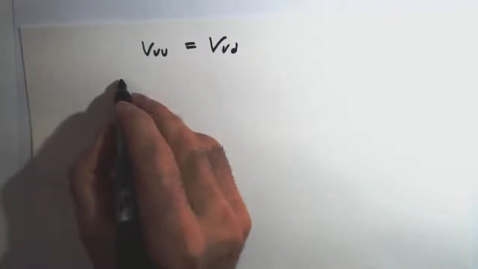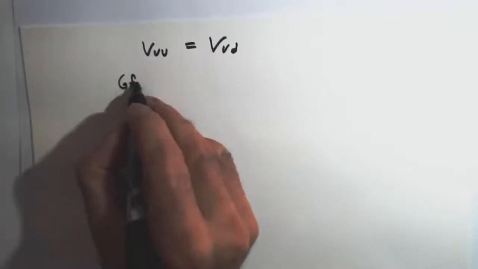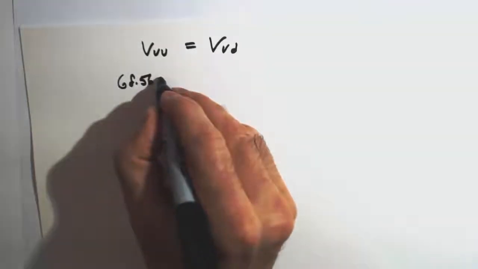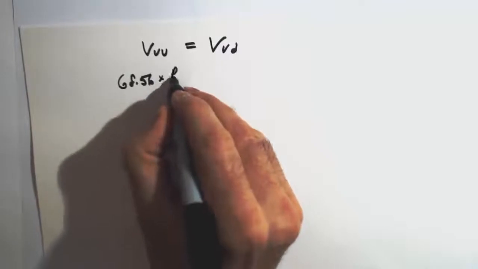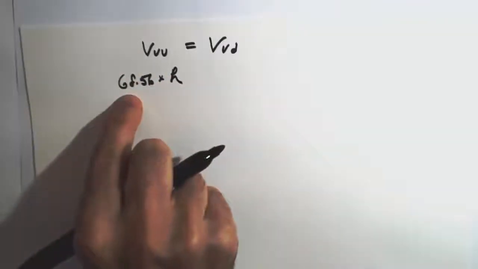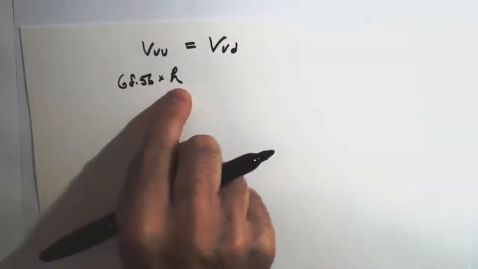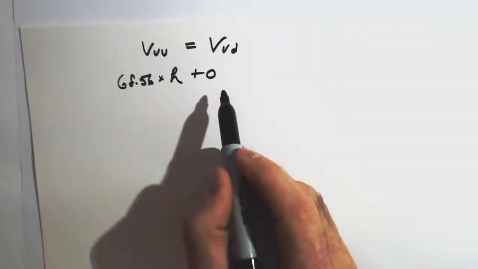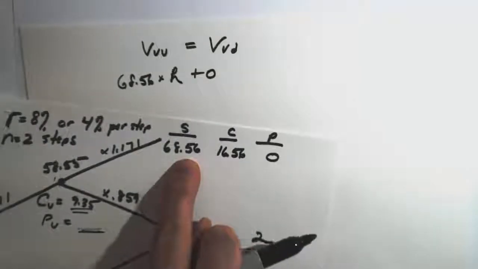And so we're going to put together the stock price here times H. So this is the stock on the upside twice times an optimal H plus the put. So right here, the 68 and the 0.